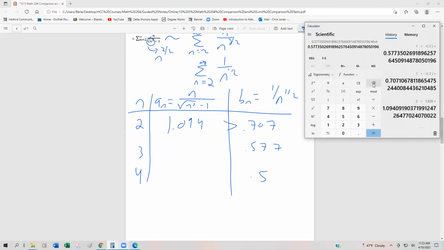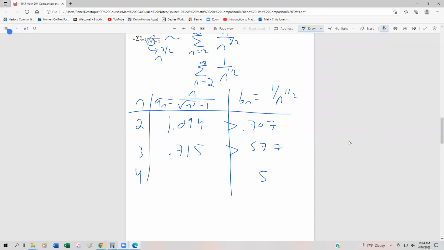If you want, you can just do it in your calculator really quickly. I'm going to do 3 to the 3rd, which is 27. So the square root of 27 minus 1 is 4.196. Then I take 3 over that number, 3 over 4.196, and that gives me 0.715, clearly greater.